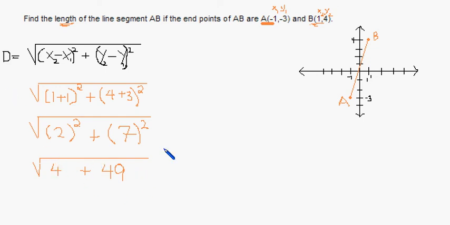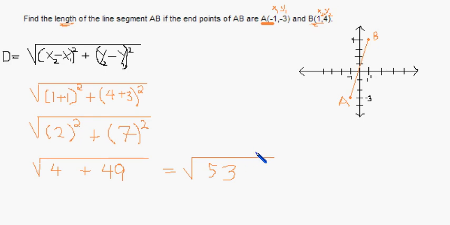So at the end, we're going to have the square root of 4 plus 49, which we know is 53. So we have the square root of 53, and that's the distance, or the length, between A and B.